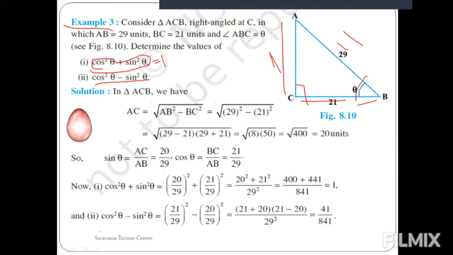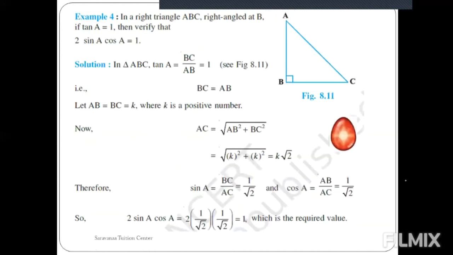So for cos square theta, it will be 21 by 29 whole square. And for sin square theta, that will be 20 by 29 whole square. When you do this, you will get an equation like this, and you need to solve, and you get 41 by 841.